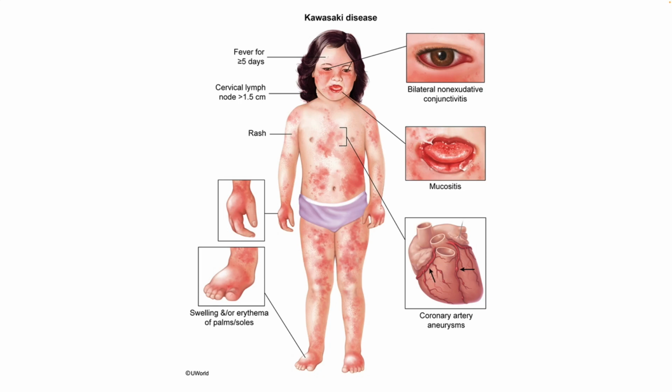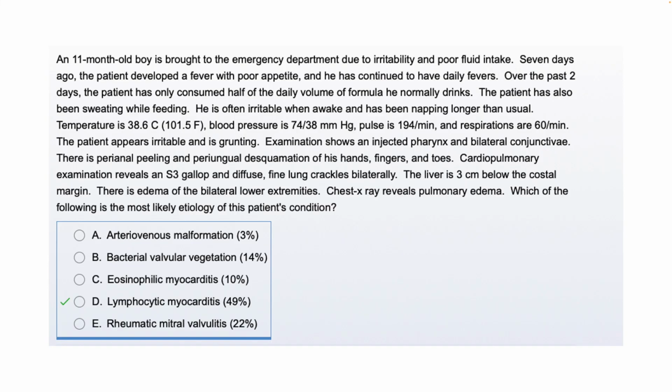And I think that's what third year is about. Read these questions and put the picture together. It'll help you solidify your thought process clinically. And quickly, I want to go back and look at the question because people are going to say, well, how in the world would you get lymphocytic myocarditis as an answer here?